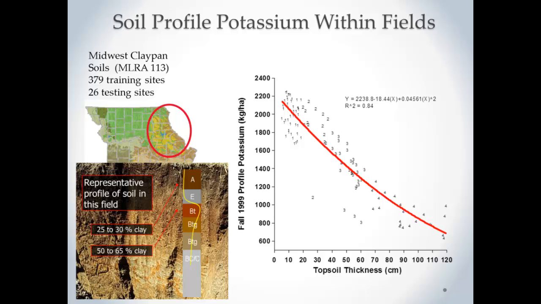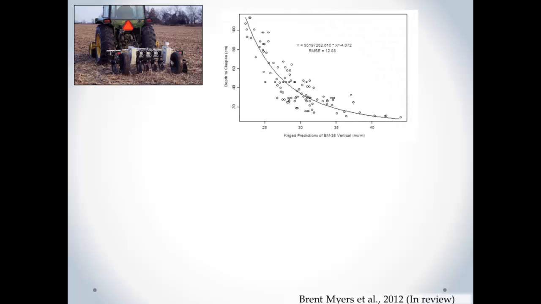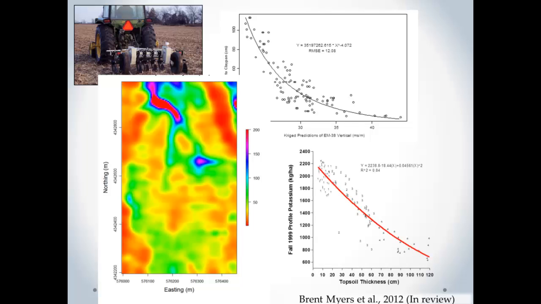So we take the soil EC information and that relationship between EC and the depth to that claypan, and we're able to transform that into a map of profile potassium, where some areas are going to have much more than others. It's combining these two relationships together to get this map of profile potassium.